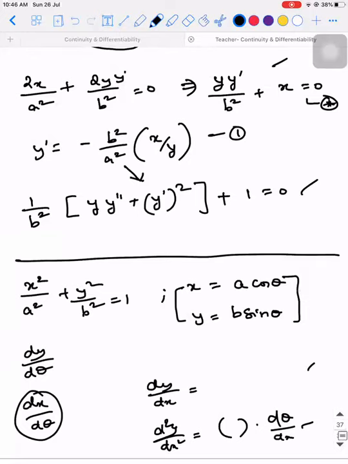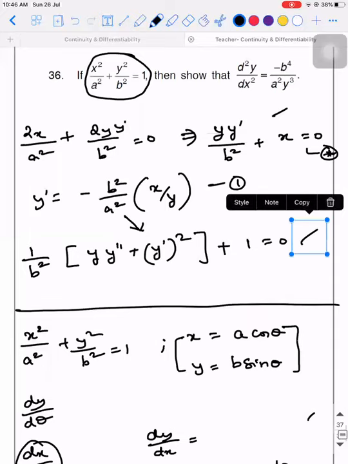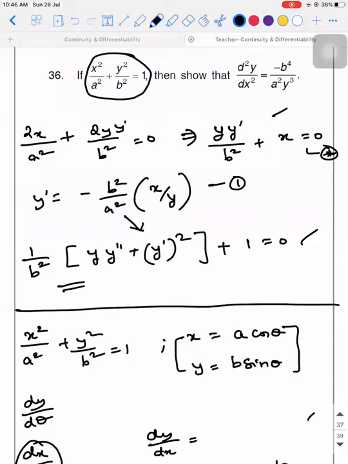Sir, in the first method, can you explain the last step? Which one? This one? Yes. So I differentiated this thing. 1 by b square into derivative of y into y dash is nothing but y into derivative of y dash, which is y double dash, plus y dash into derivative of y, which is y dash, so y dash square, plus derivative of x is 1, equal to 0.